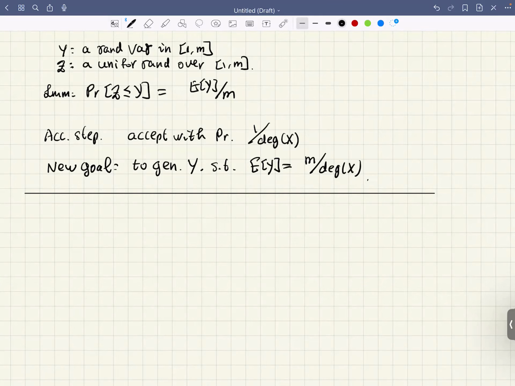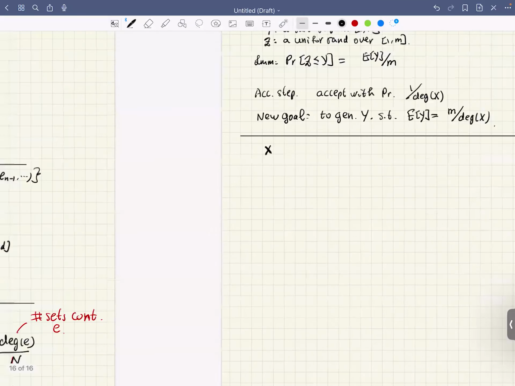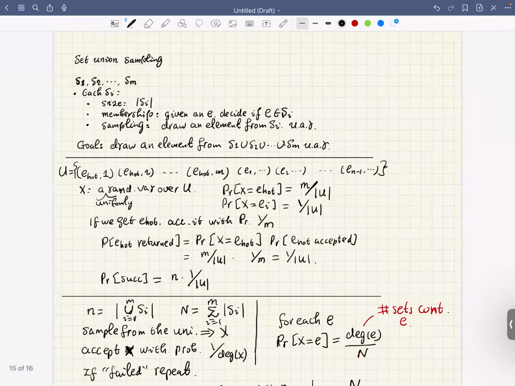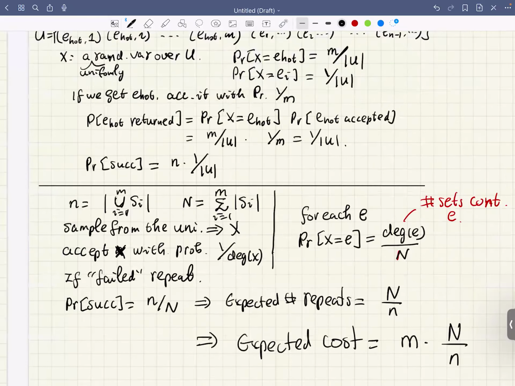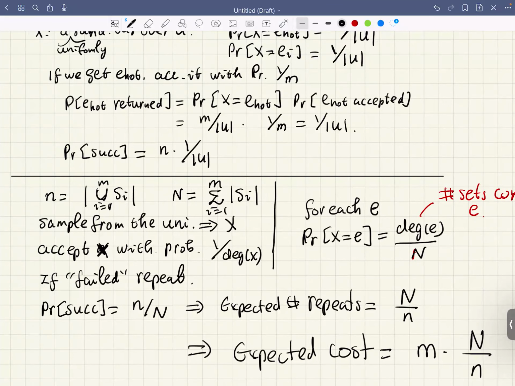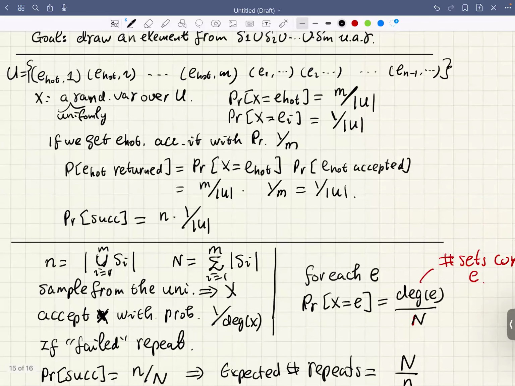So imagine this x. Remember how you got this x in the first place. You sample from the universe. The universe is like this, with the pairs. You basically grab a pair, so you get this element together with a set ID.